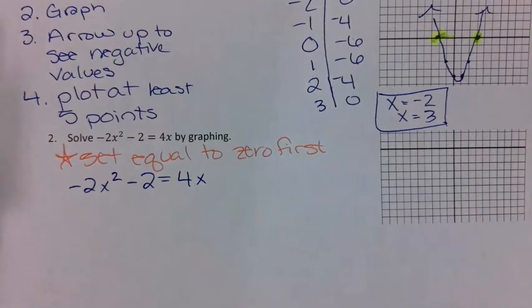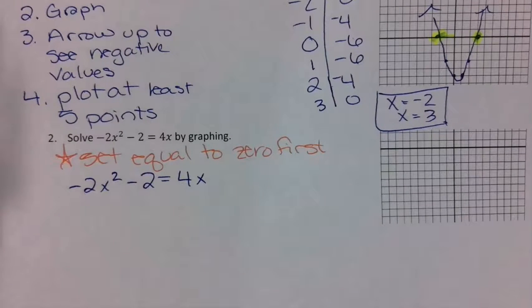How do I get this equal to 0? Do I just white out the 4x and then write 0? How do I get it equal to 0? Think back to algebra 1. I do not multiply by 0.